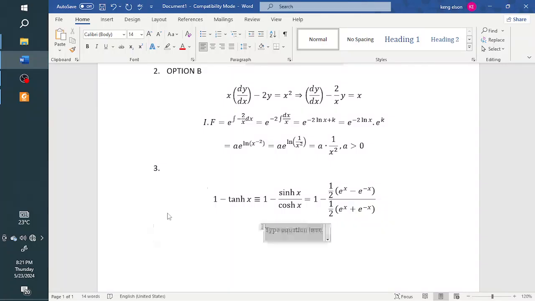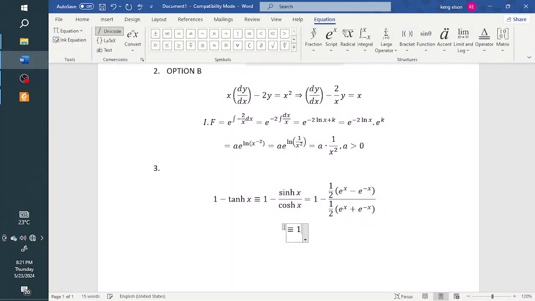Okay, so this will be equivalent to 1 minus, the halves cancel, and I multiply the numerator and denominator by e to the x.